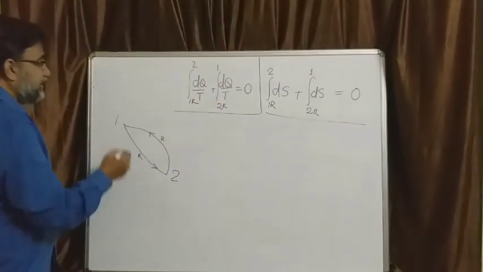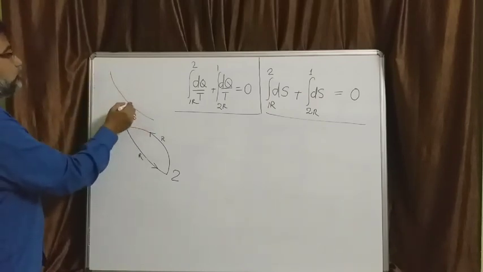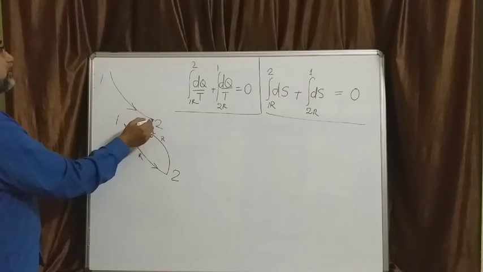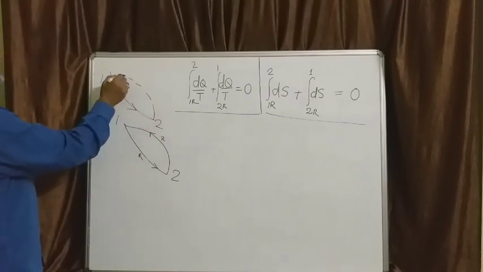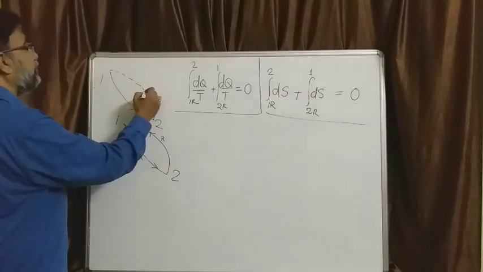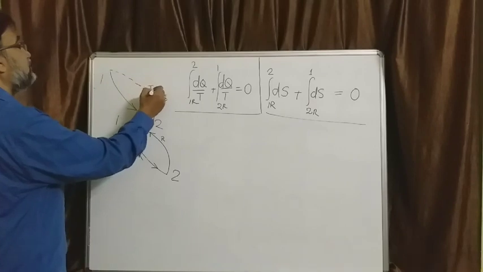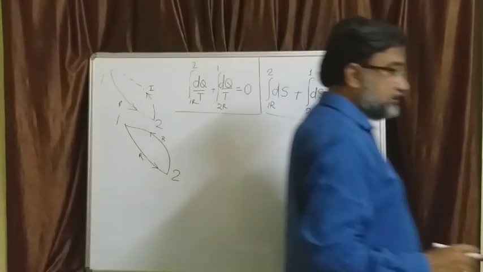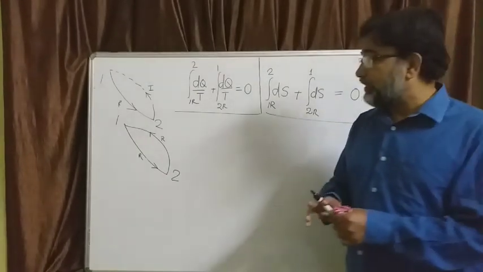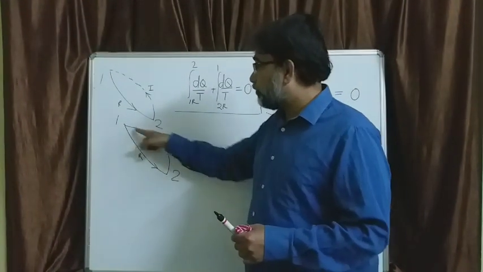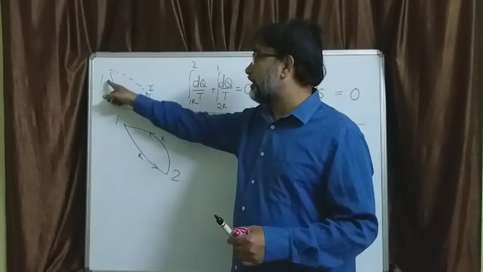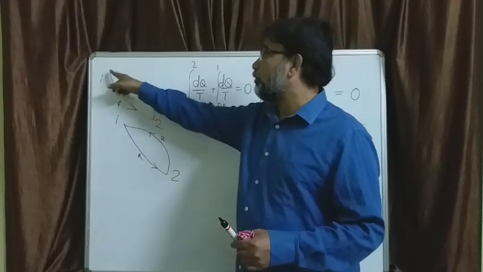Now I take another process 1 to 2, same process 1 to 2, but I complete this cycle by an irreversible process 2 to 1. So between 1 and 2 there is a reversible cycle 1 r 2 r 1, and there is an irreversible cycle 1 r 2 i 1.